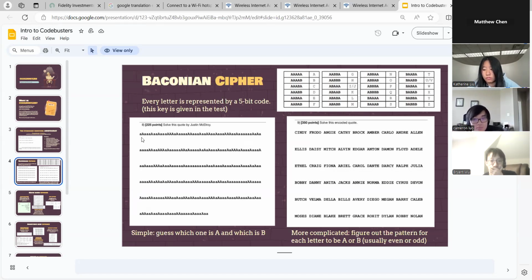So this one's pretty simple, but then the other version is where A and B are words. So Catherine, you want to go over that one? Okay, yeah.